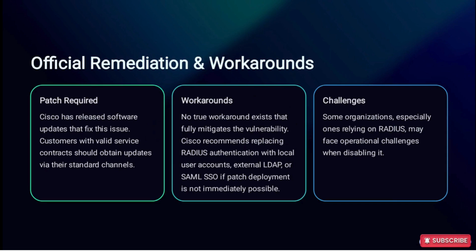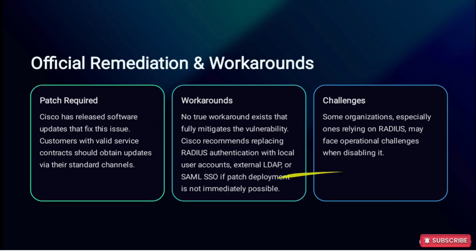Coming to workarounds, there is no true workaround that fully mitigates the vulnerability, but Cisco recommends replacing RADIUS authentication with local user accounts, external LDAP, or SAML SSO if patching is not immediately possible. The challenge is that some organizations, especially ones that rely on RADIUS, may face operational difficulties when disabling it.